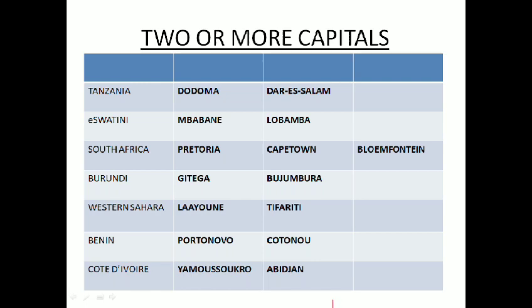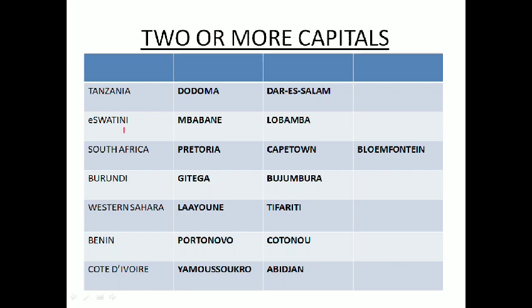Now another set of countries, here I have taken African countries having two or more capitals. For Tanzania, it is Dodoma and Dar es Salaam. For Eswatini, that is the new name for Swaziland, because Swaziland was often confused with Switzerland.